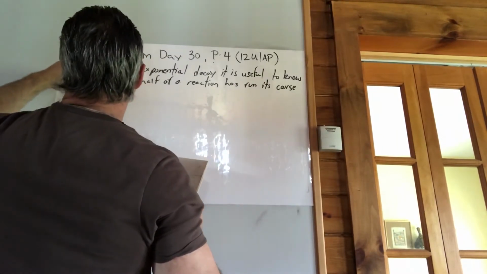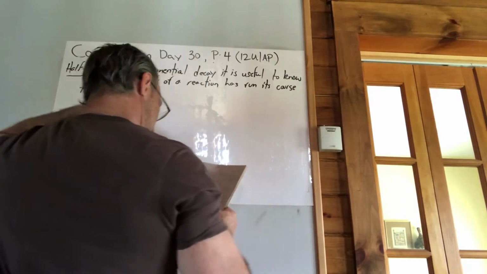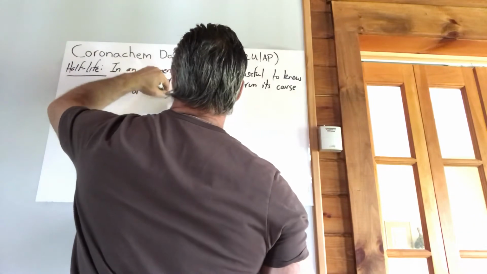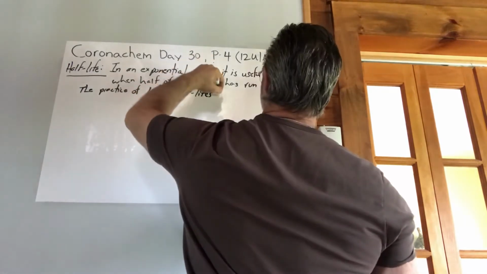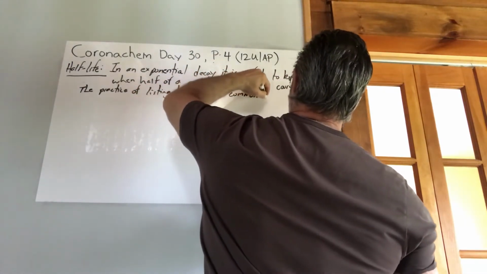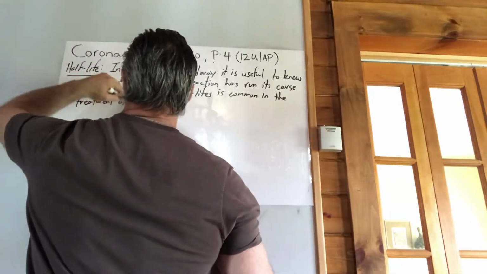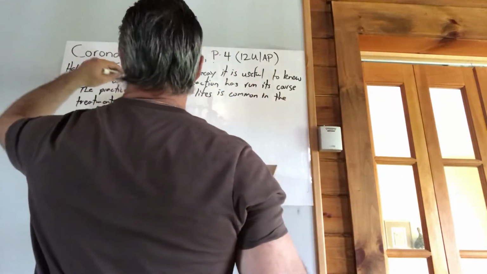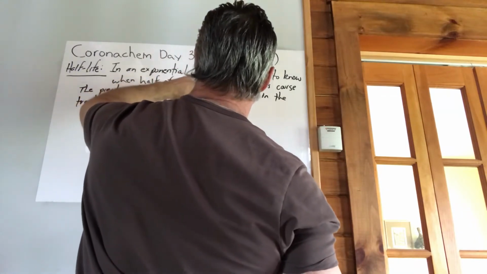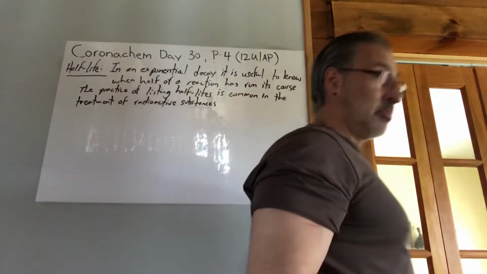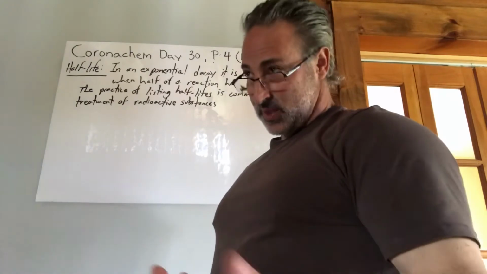The practice of listing half-lives is common in the treatment of radioactive substances, because it's very important for scientists to know just how much radioactivity they're going to need to carry out certain operations.